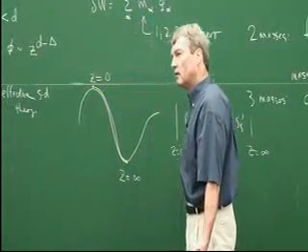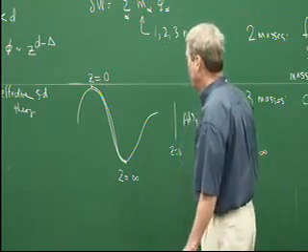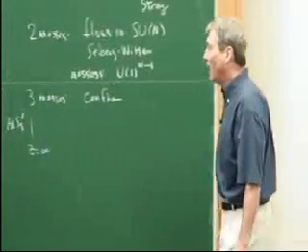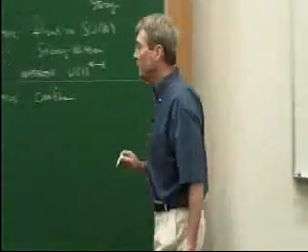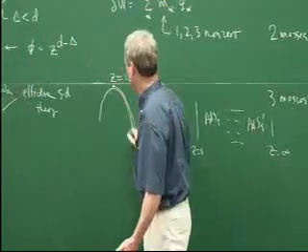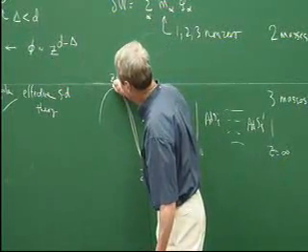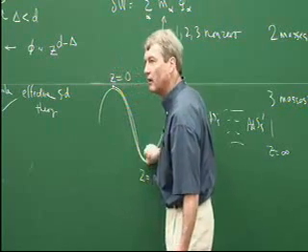In the dual gravity theory, this is the potential. And when you look at the radial equations, there are solutions which start here and end up here.